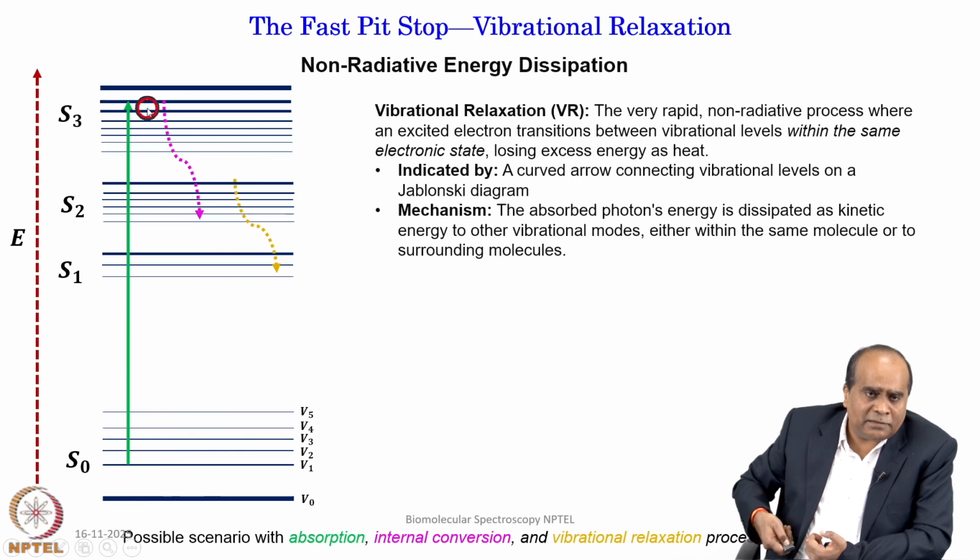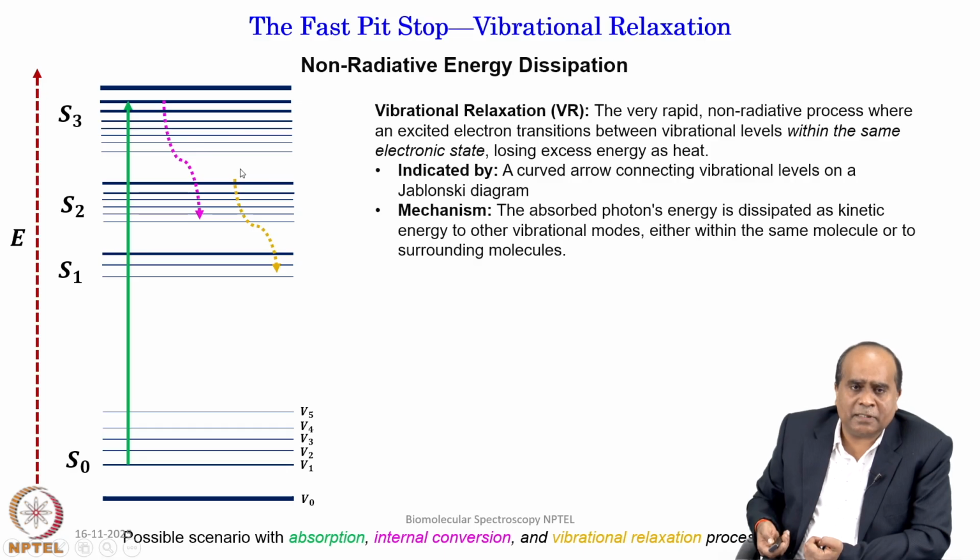When they come from one electronic state to another, like S3 to S2, that is called electronic internal conversion, and finally, if it comes down by some non-radiative process, that is called vibrational relaxation.